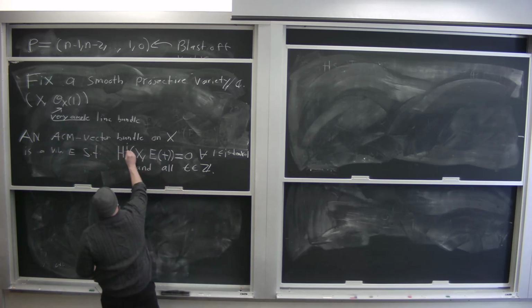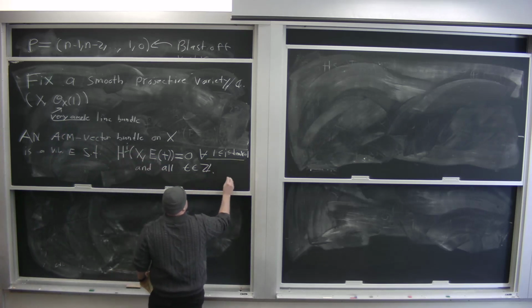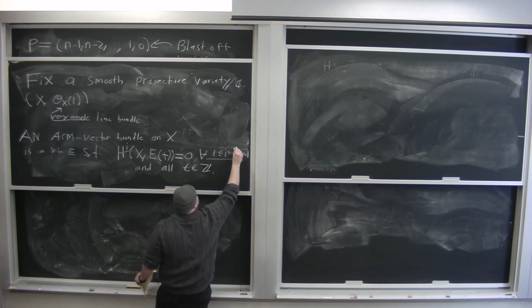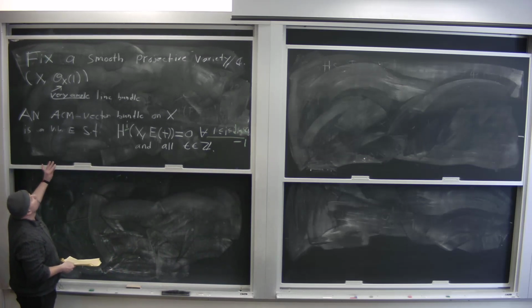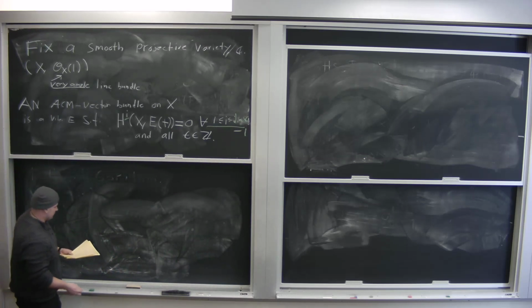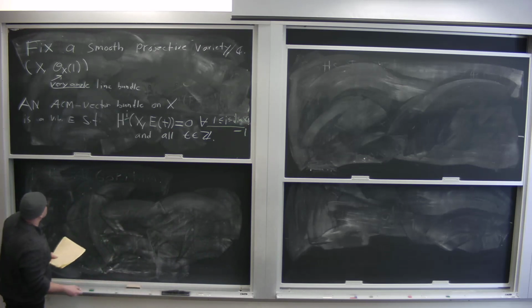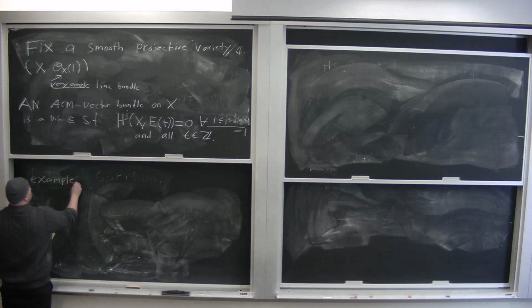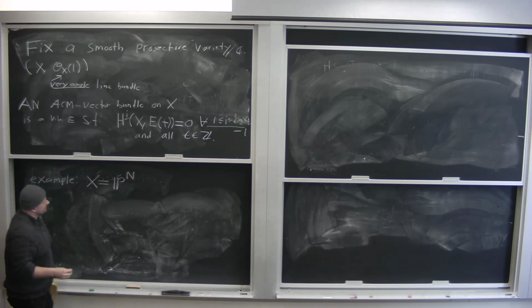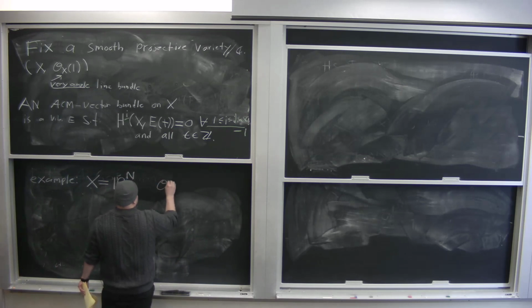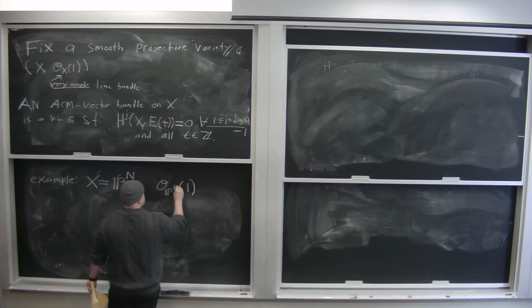So an ACM vector bundle is one that has no middle cohomology. So here, this is dimension of X minus 1. It's a vector bundle with no middle cohomology. This is an ACM vector bundle. Maybe the first motivating example would be X is projective space, and then I have the usual O(1) on projective space.